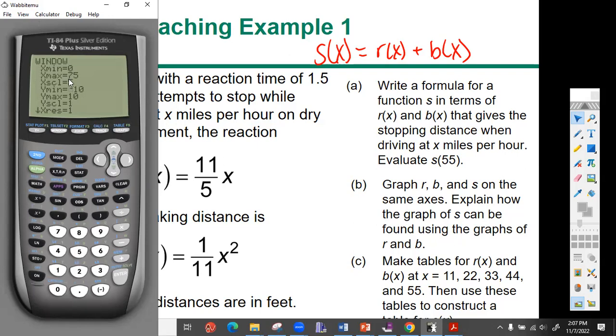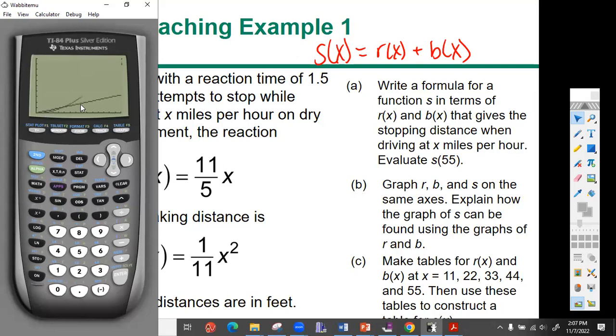No. So do we need a negative distance? No. And then max, well, we just did one, and it was 396 feet, right? Let's say 500. You can change it. When you click window, you can change and count by it.